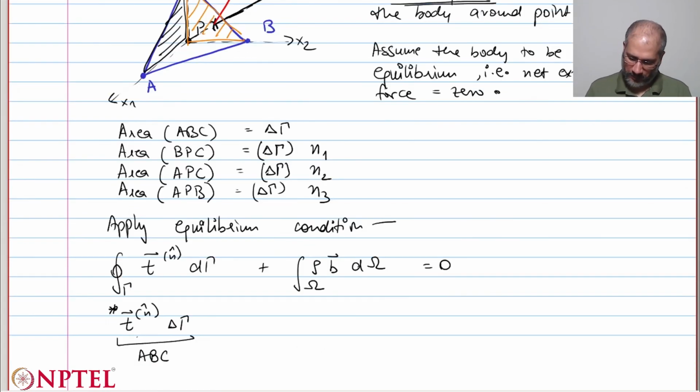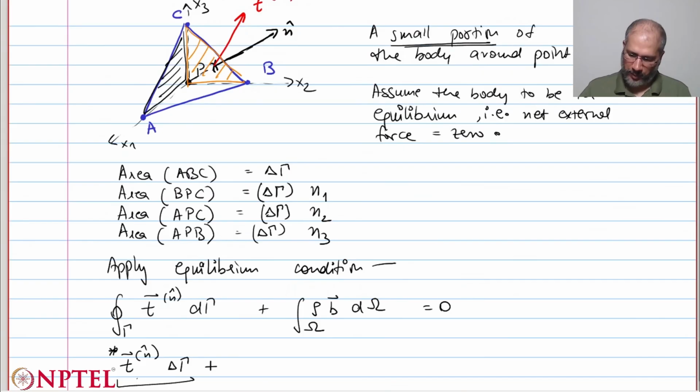Right, so let's go back and let's write the sum. And then we have, let's say, the plane BPC, which is the orange one here. So for that, this becomes the traction vector. Now what is the outward unit normal, which is in this case a minus E1 hat, because we talk about the enclosing surface to the volume, in this case the tetrahedron.